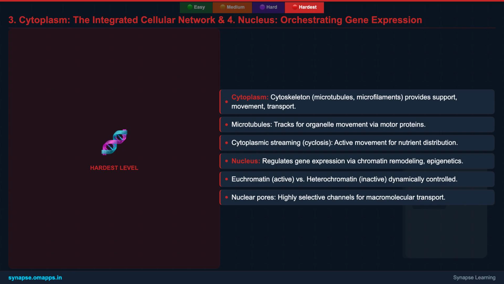The nucleolus, beyond ribosome biogenesis, also plays roles in stress response and cell cycle regulation, underscoring its multifaceted importance. This complex nuclear organization allows for precise control over the cell's genetic blueprint, enabling differentiation and adaptation.